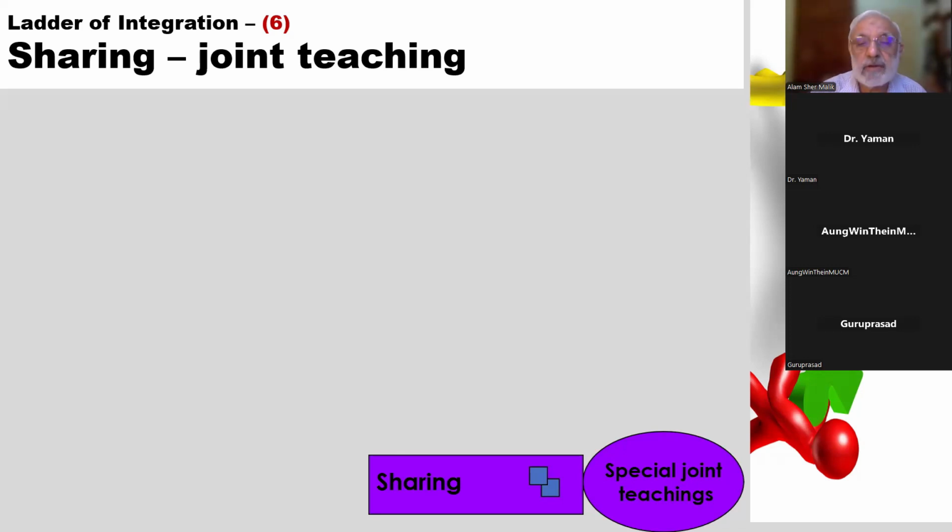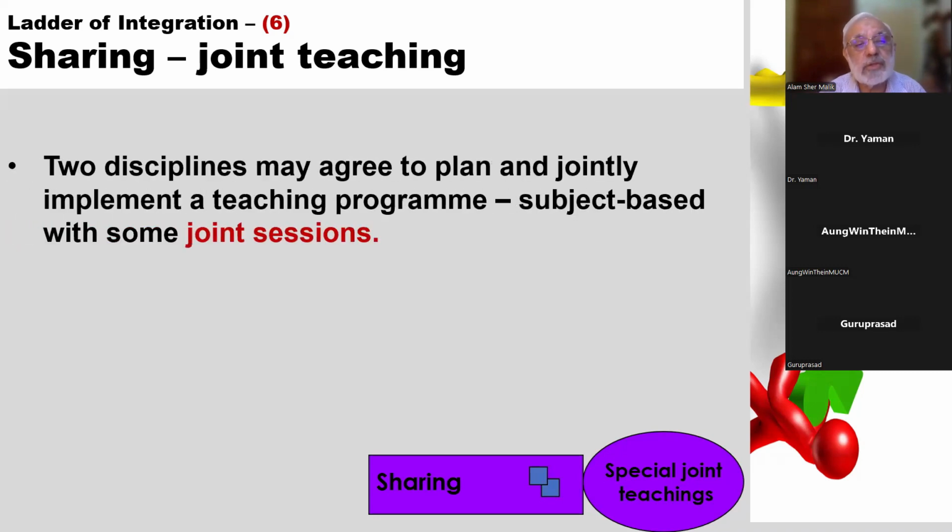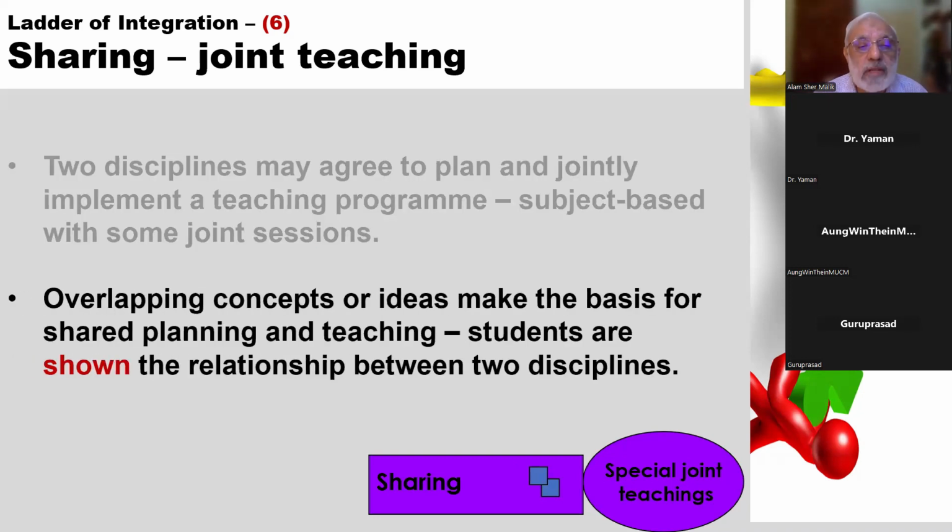The next level, which is level 6, is sharing or joint teaching. So they move on from subject-based to some kind of joint sessions. So two disciplines may agree to plan and jointly implement a teaching program or a joint session. Overlapping concepts or ideas make the basis for shared planning and teaching, and students are shown the relationship between the two disciplines.